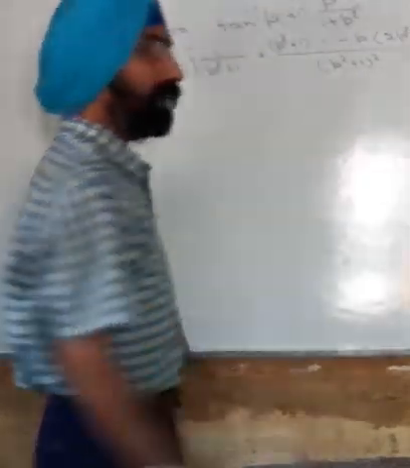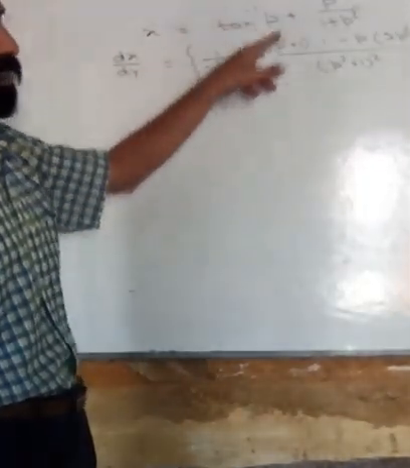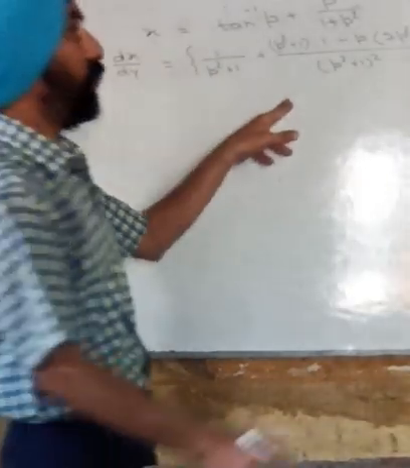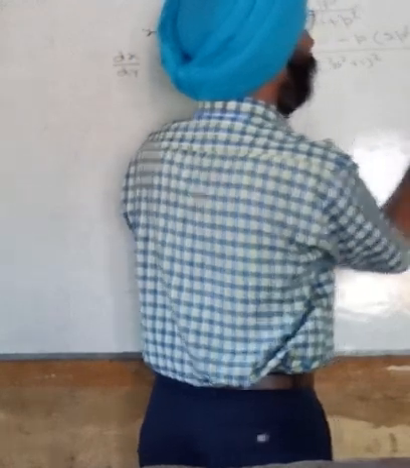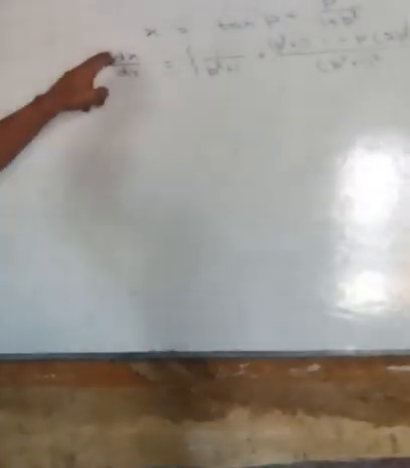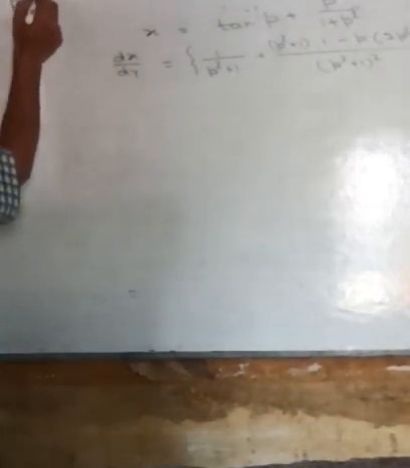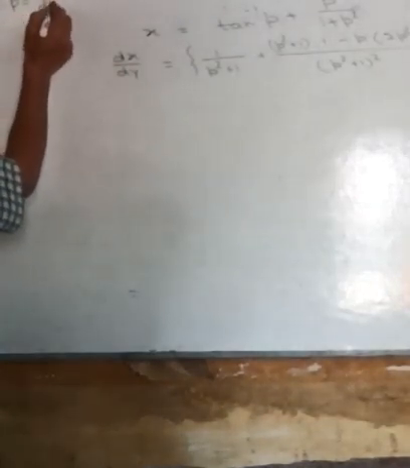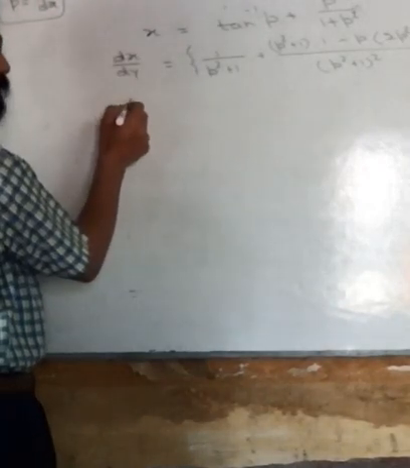But the problem is we are differentiating with respect to y, and here we have differentiated with respect to p. So there should be dp by dy here. This dx by dy, we know that p is dy by dx. So what is your dx by dy is 1 upon p.